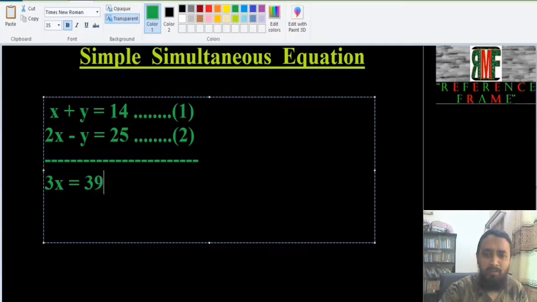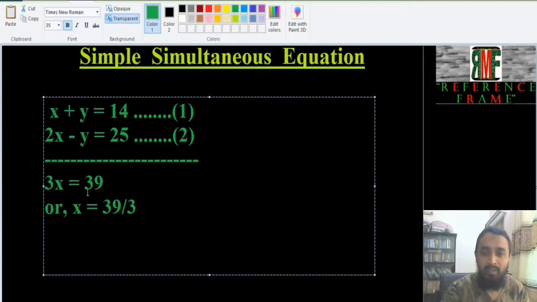Because we're going to have an integer result. Then if we divide 39 by 3, we get x is equal to 13.